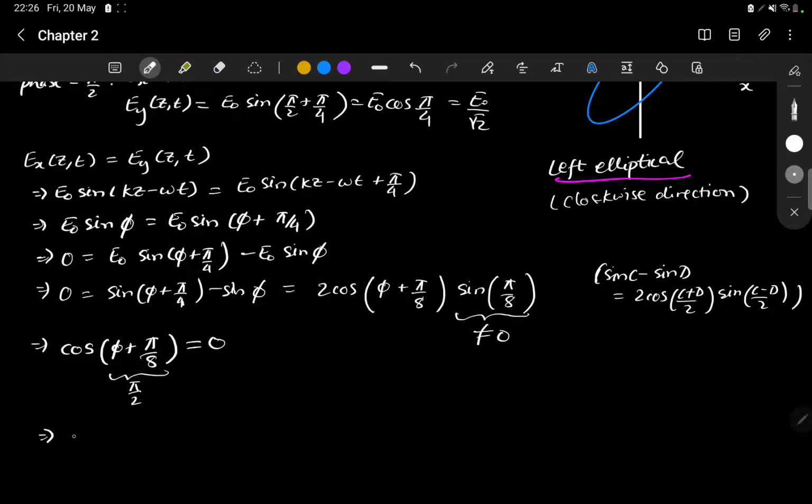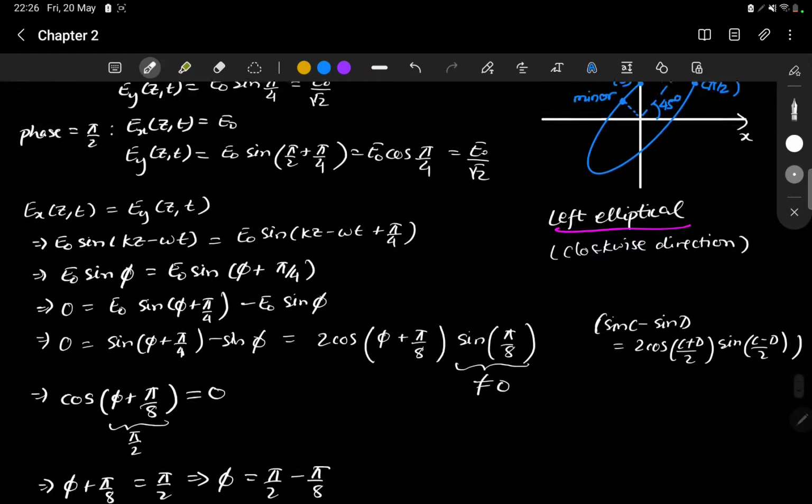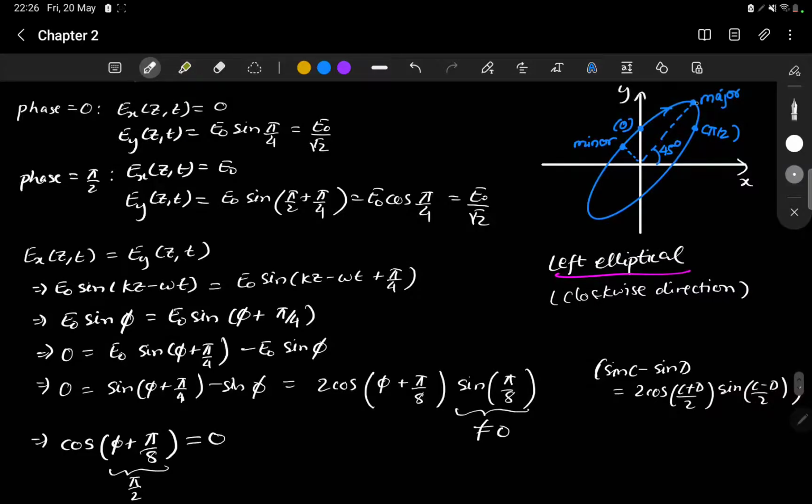So this further gives us phi plus pi by 8 is equal to pi by 2, which implies phi is equal to pi by 2 minus pi by 8. So for this particular phase, we would be at the end point of the major axis.